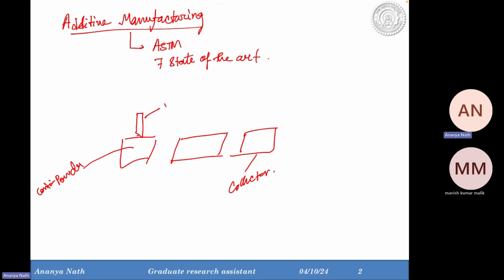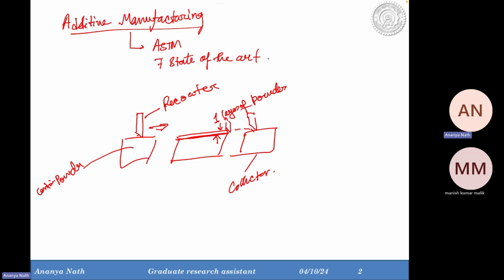This is a recoater. The recoater will spread each layer of powder. This is one layer of powder, which the recoater will spread, and then the excess powder it will deposit over the bin or collector.